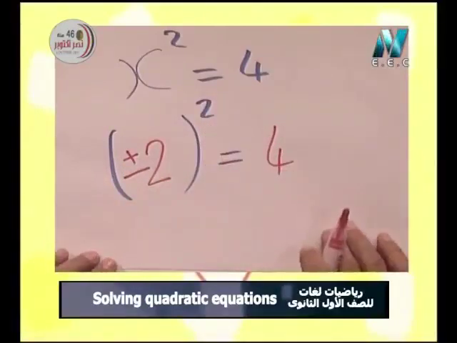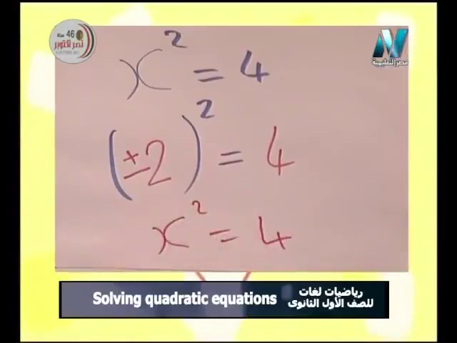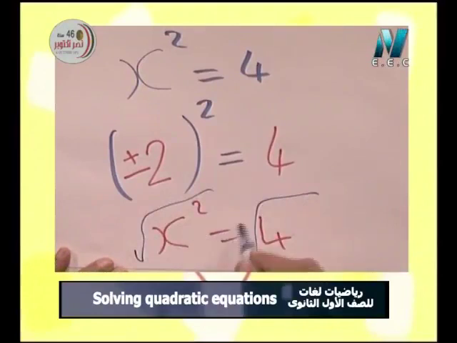What is the reason that when we have x power 2 equals 4, we put a square root on the two sides and we put positive or negative? Why do we put positive or negative for the square root?